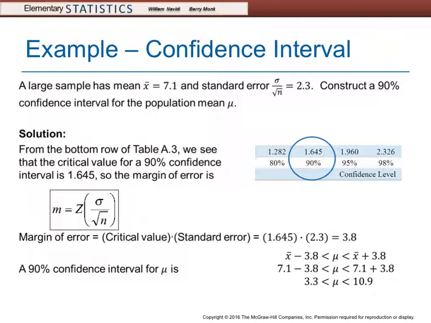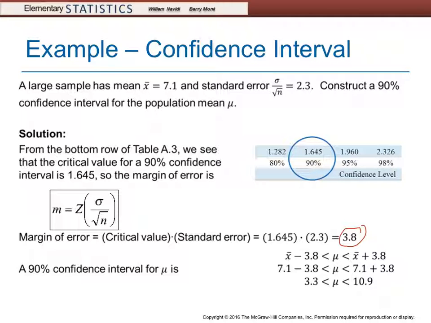So here's an example. A large sample has a mean of x bar equals 7.1 and a standard error of 2.3. Construct a 90% confidence interval for the population mean mu. From the bottom row of A3, we see that the critical value for a 90% confidence interval is 1.645. So the margin of error is the critical value z, 1.645, times 2.3, which gives us a margin of error of 3.8.